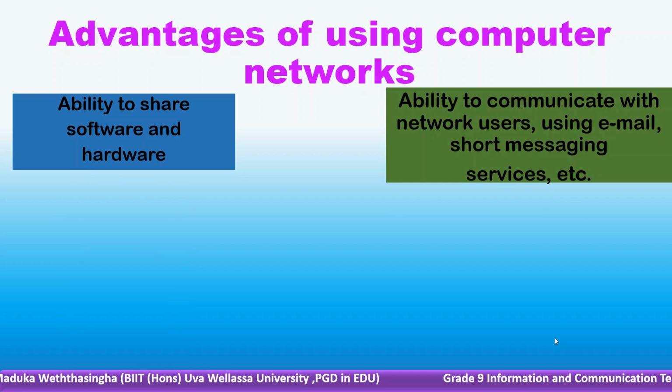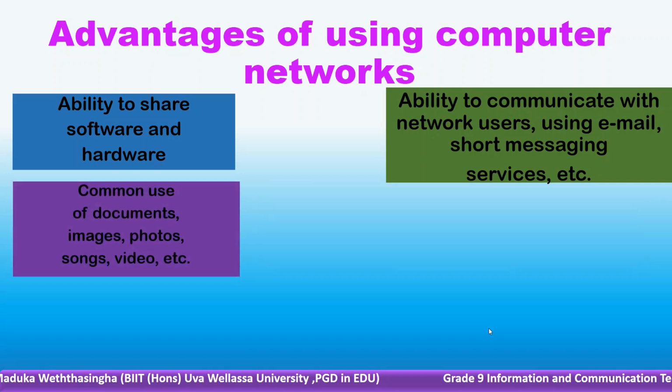Ability to communicate with network users using emails and SMS. Common use of documents, images, photos, songs, videos. It means if I have an image, then all the other computers in the network can use that image or can share that image. We can commonly use the documents, images, photos.